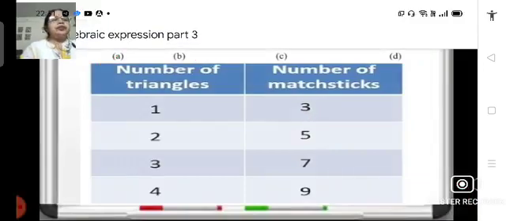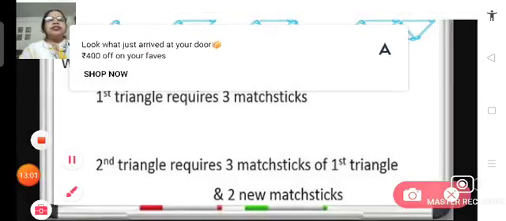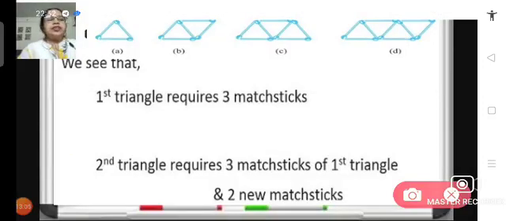Now, we see that the first triangle requires 3 matchsticks, isn't it? The second triangle requires 3 matchsticks of the first triangle plus 2 matchsticks, isn't it?